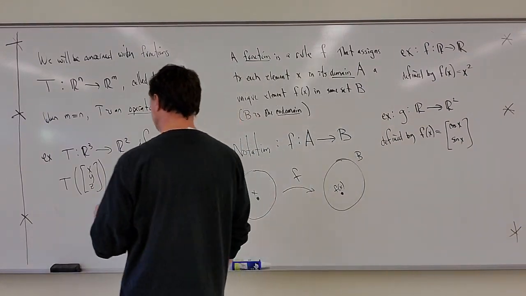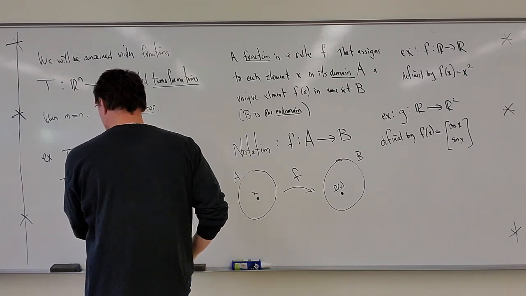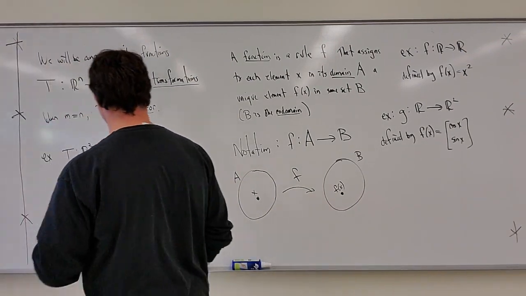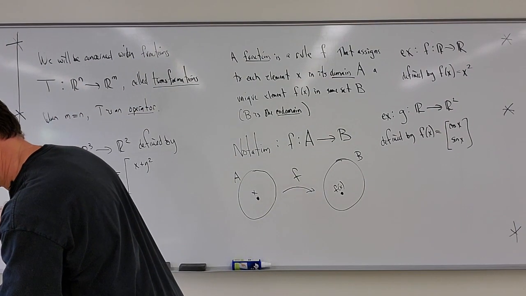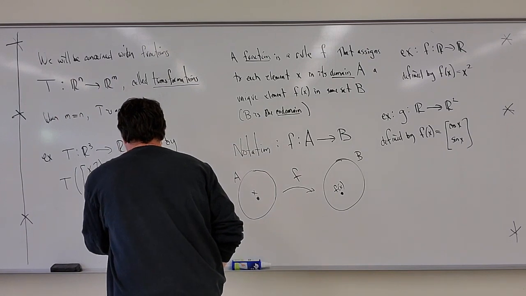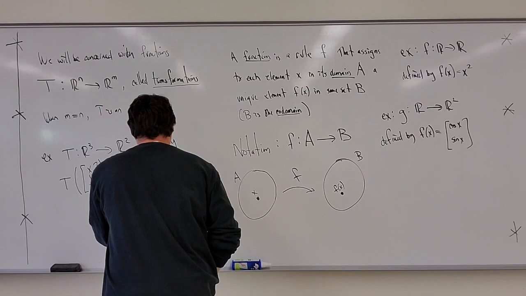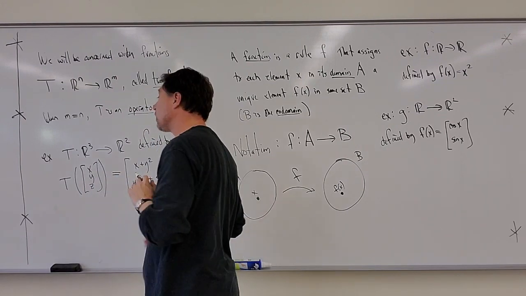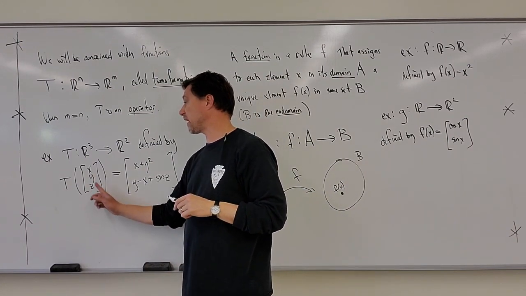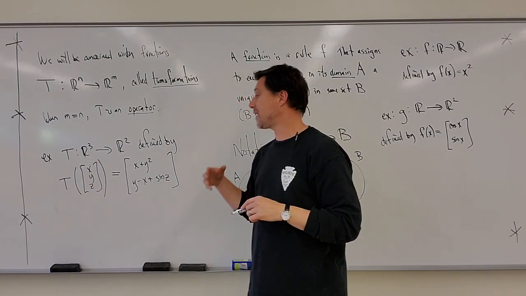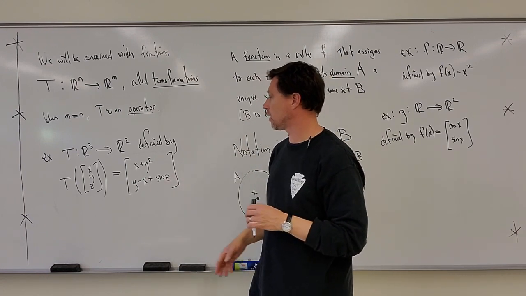The output is going to be given by this formula right here, x plus y squared and y minus x plus sine of z. So here's an example of a transformation. The input is a column vector with 3 entries, which means it comes from R3. The output is a column vector with 2 entries, which means that it lives in R2.